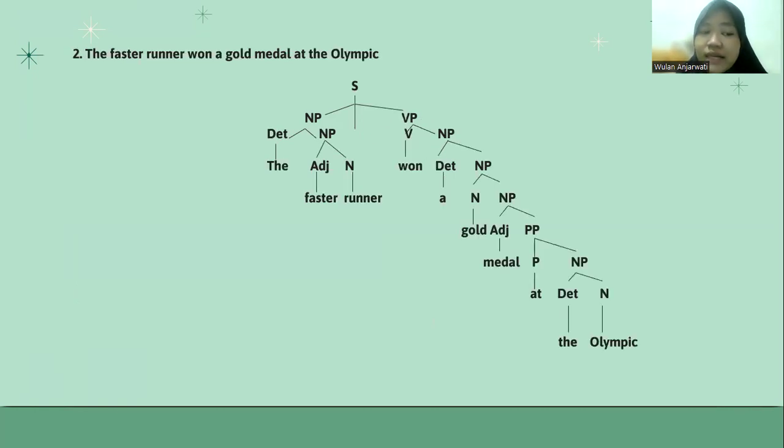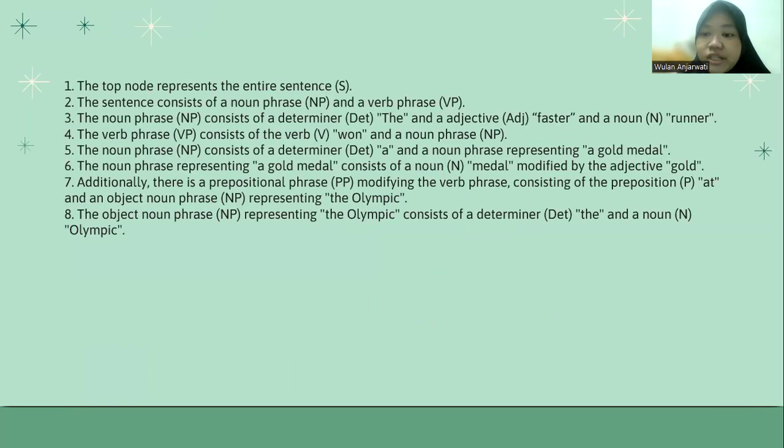And the second, there is "The faster runner won a gold medal at the Olympics." So this is diagram number 2, and the explanation is the top node represents the entire sentence, and the sentence consists of a noun pair and a verb pair.